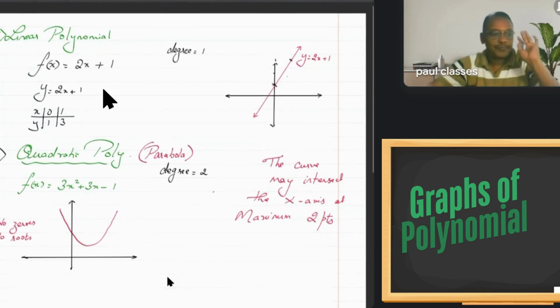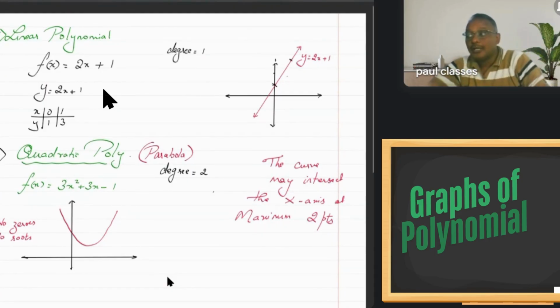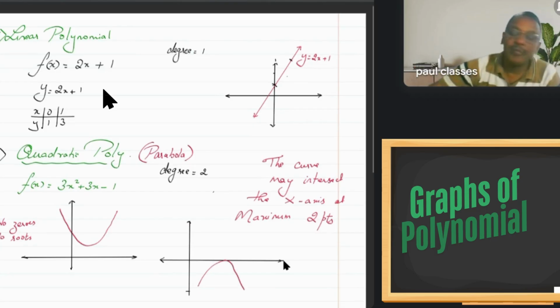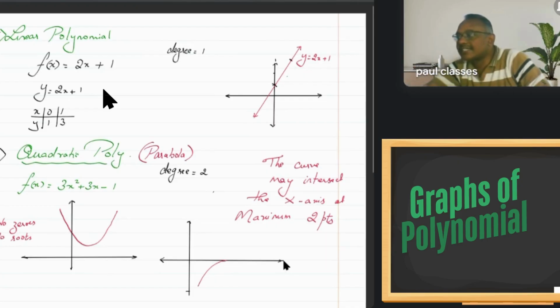Wait a second. It may happen that the parabolic shape be like this. The parabolic shape can also be like this. Now how many times is it intersecting the x-axis? So for this we will say there is 1 zero. Are you all following me?